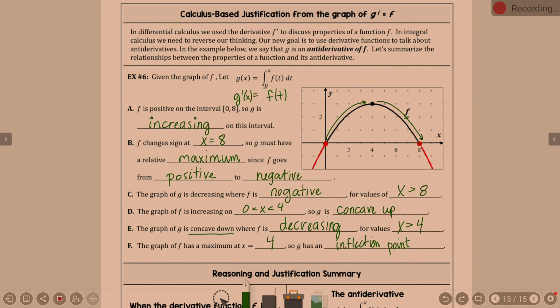So g stands for the antiderivative. Officially, what we have to think about is g is the antiderivative of f. Also, this graph is f, so this graph is also the derivative of g, if you want to think of it that way.